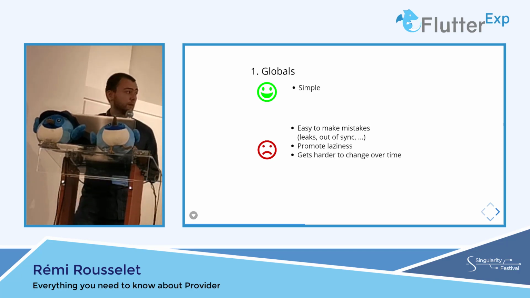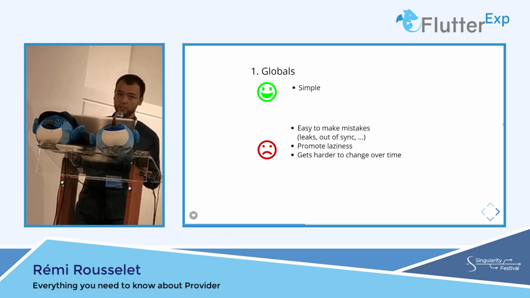And like I said, it gets a lot harder to change over time, because the issue with global variables is that everybody can access them. That's good when you want to develop quickly, but as the application grows, it creates a fear for the developer, because when we want to make a change to that global variable, it will be very difficult to evaluate the impact of this change.